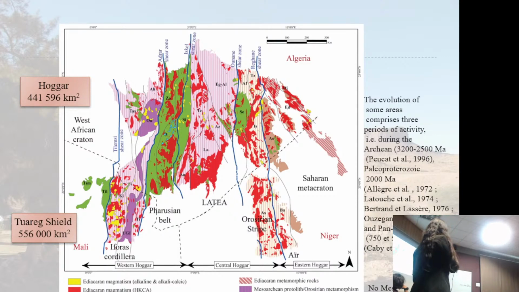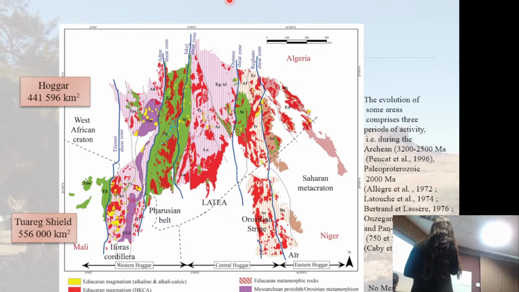And actually these terranes are usually limited or bounded by shear zones or thrusts. But what you see here in blue are what are considered suture zones. So here we think that there could have been very big oceans, and they were closed during the Pan-African orogeny.